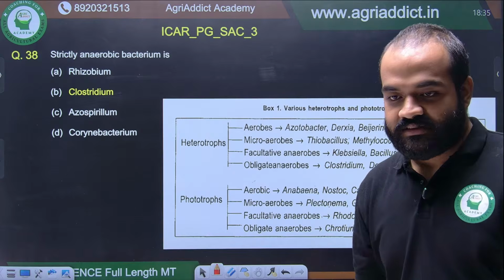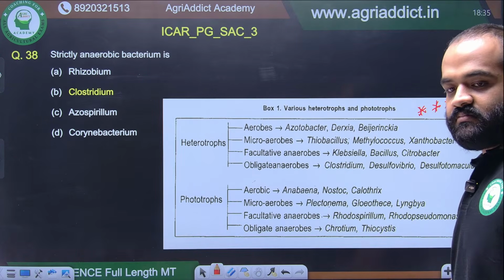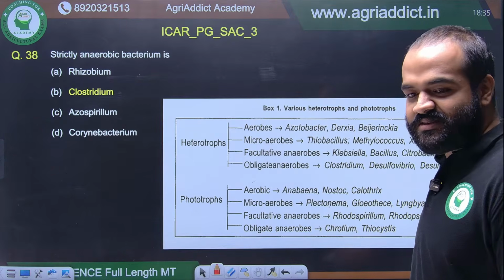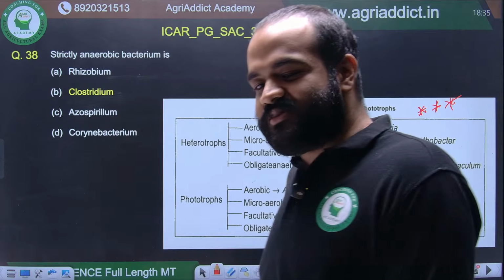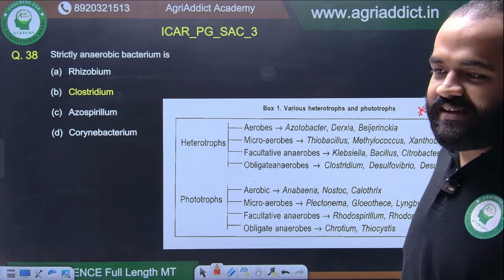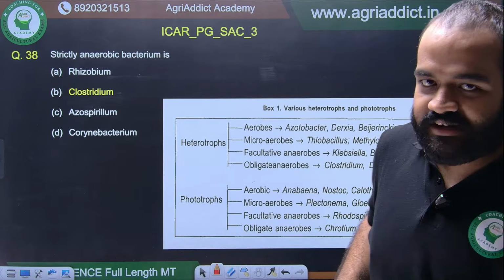And again, sir, how many marks are required to get college for open and OBC? College you will get in any marks. Any marks you get more than 250, you will get some college. Any college is not your target. Your target should be IRI. And for IRI in open category you need 380, 390 plus.